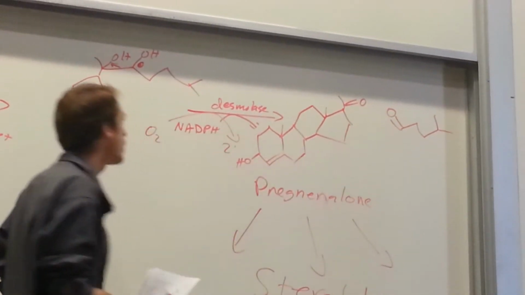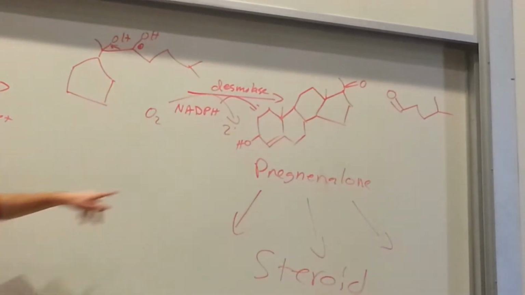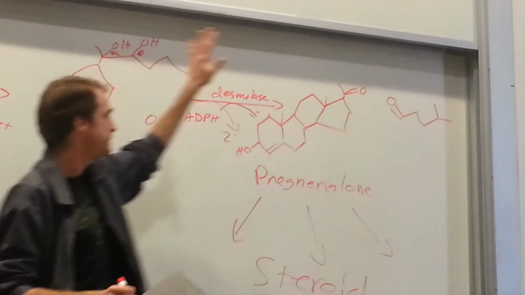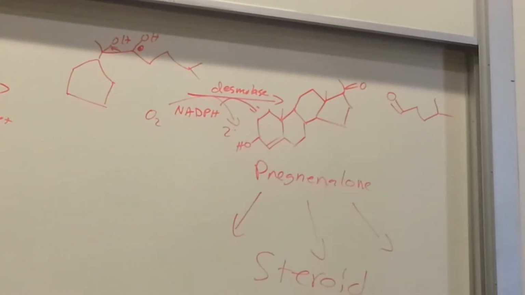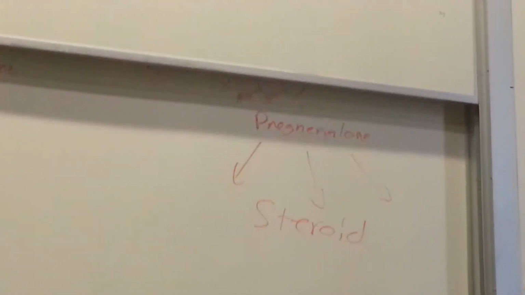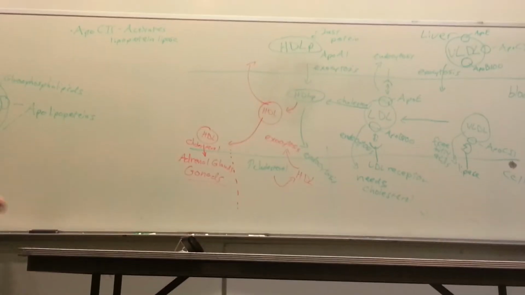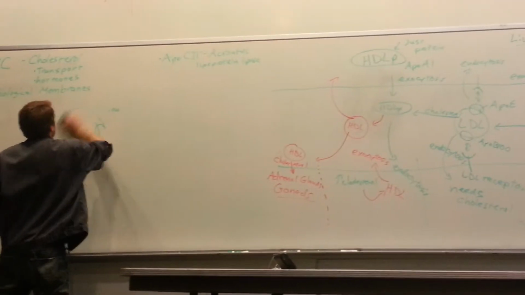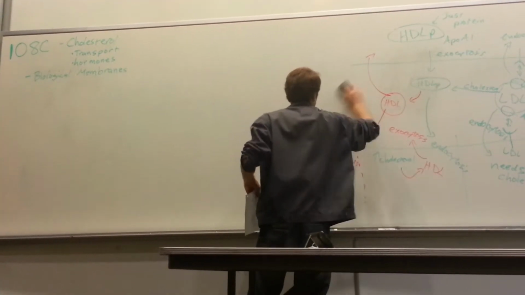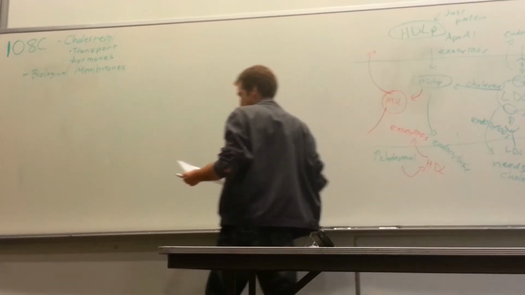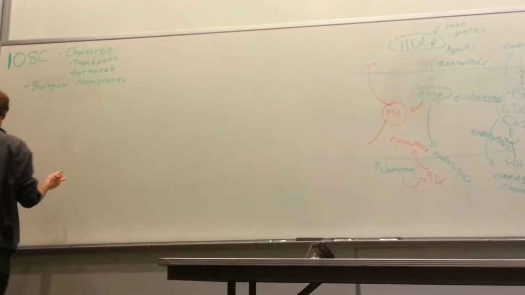A steroid is a hormone based off of this sterol ring structure. Let's just go over a couple of them. We're not going to go over the biosynthetic pathways. We're just going to look at them. All right, so we've made them more hydrophilic. They could be signaling molecules.